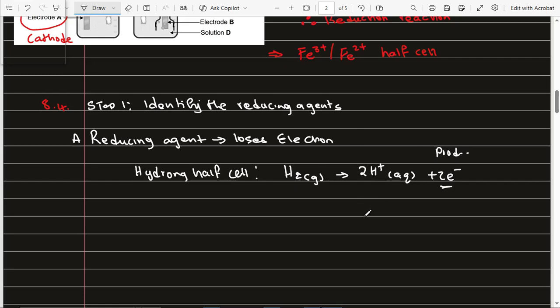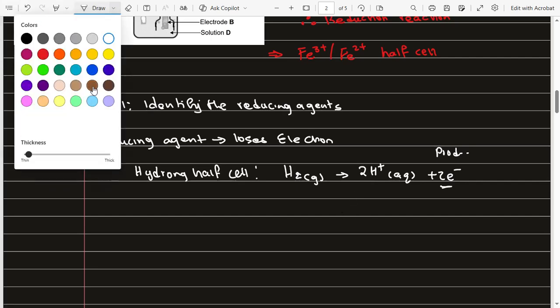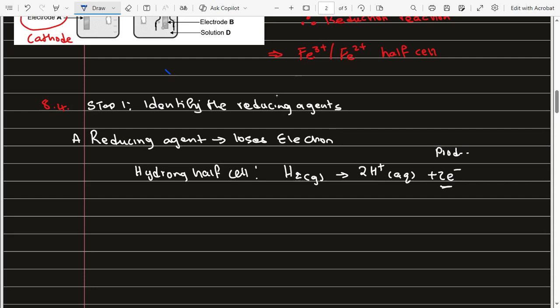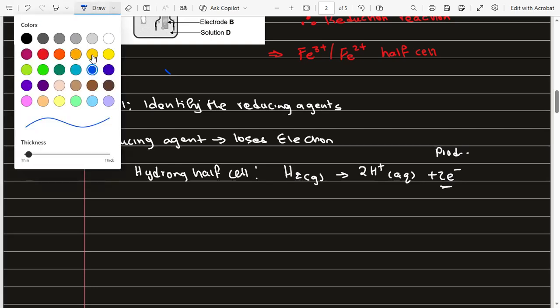Now, look at the hydrogen. From this information, the hydrogen gas loses electrons.